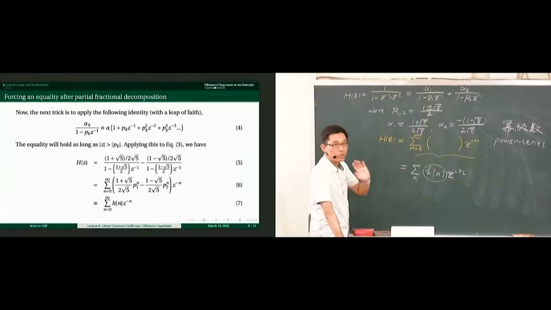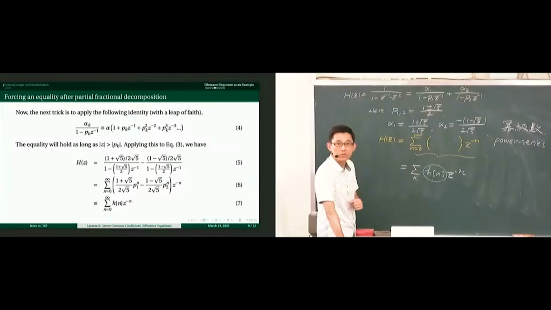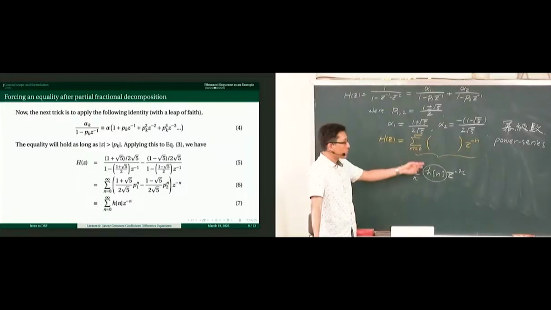So that's just comparing the last two lines. Now we have different expressions for the same function, so every term has to be equal. That's a very basic property: if two power series are equal, then every coefficient is equal. That is a very basic property in math.